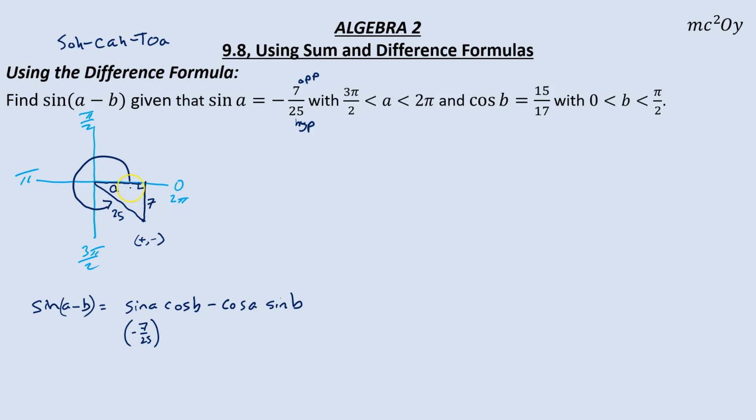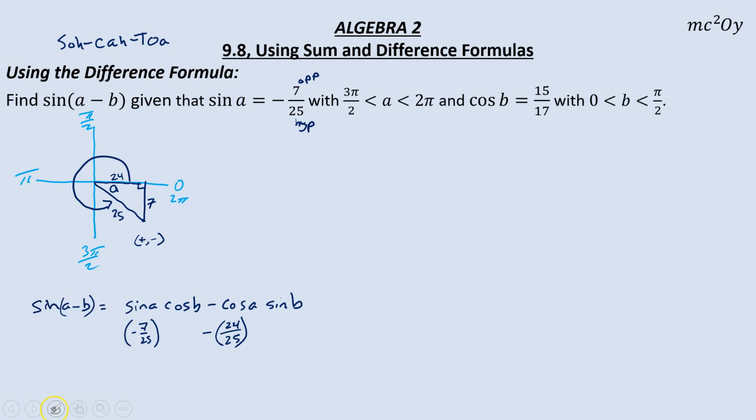This happens to be a Pythagorean triple. If you didn't notice that, you could use the Pythagorean theorem, but that side's 24. So this would be 24 over 25. So the cosine of A is 24/25.